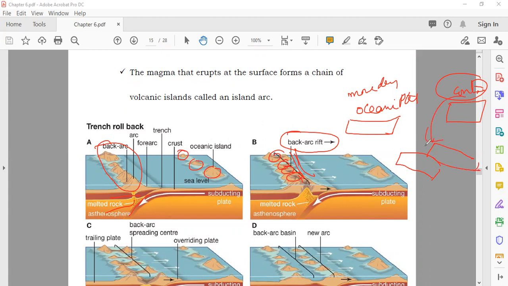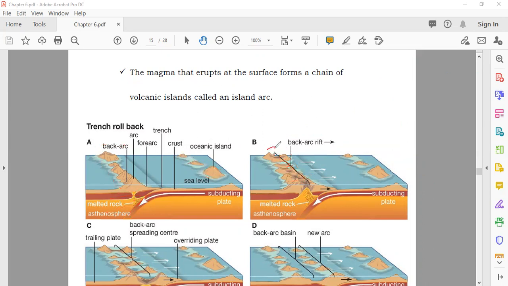Continental. So when it happens, on the surface you will find this type of structure. The small rocks come out of the water. If the rocks come out of the water in this pattern, that is known as a back arc rift.